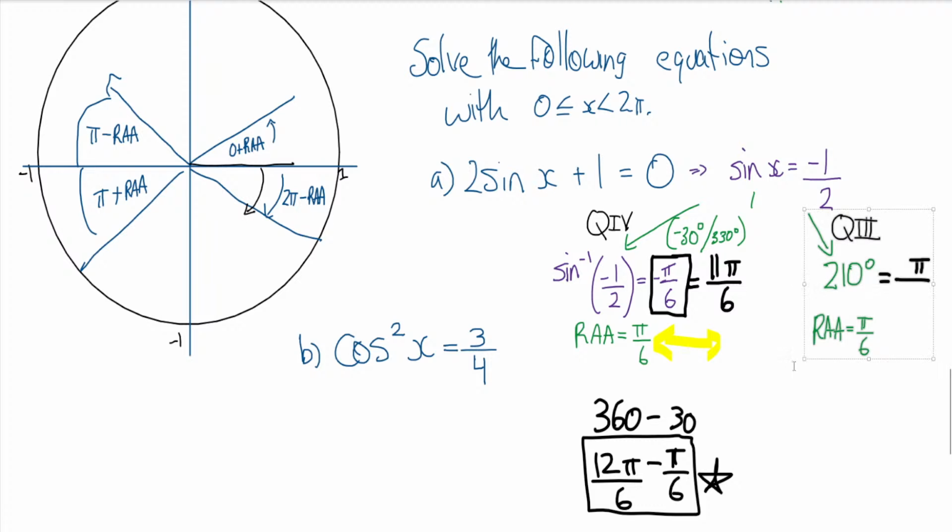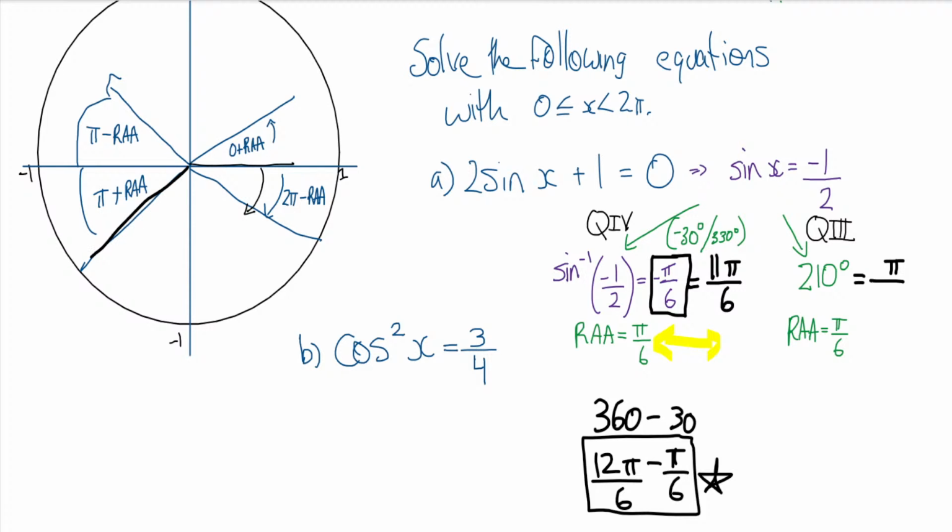We need it to go to this quadrant, which is a pi plus the related acute angle. That's our 210.